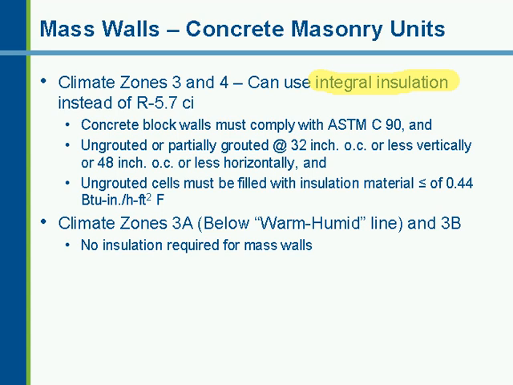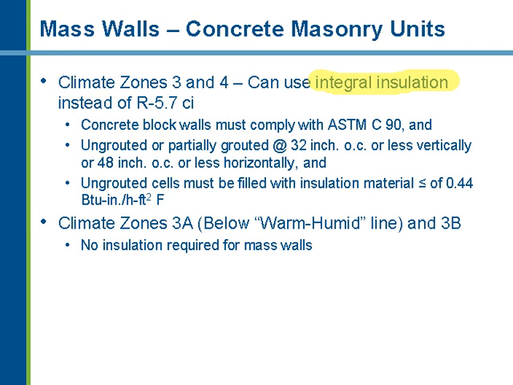So what you would do is install integral insulation in the empty cores of your CMU wall system, for example, instead of installing continuous insulation on the exterior or on the interior of the wall system. So that is a trade-off available to you on that one.